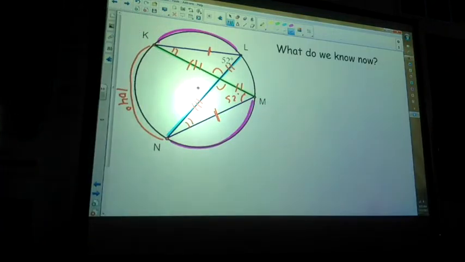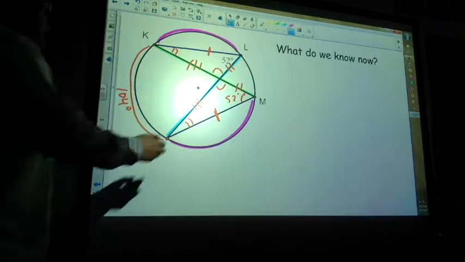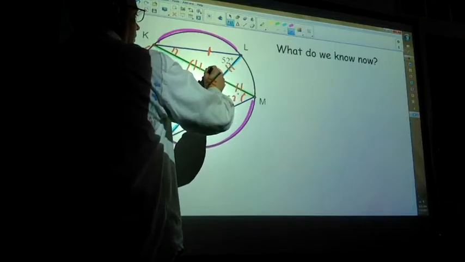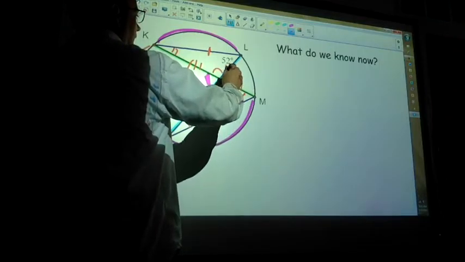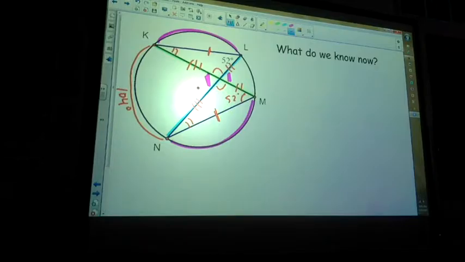Why is that? It has to do with same size chords at the same size angle. And then this angle and that angle are the same because they're vertical angles. There's just a lot you can label on that.